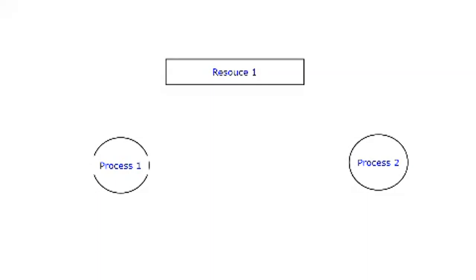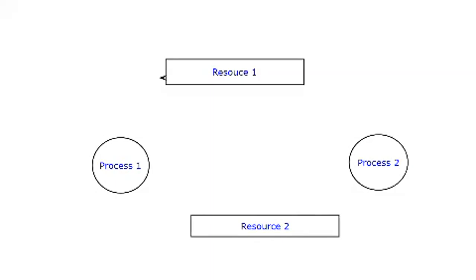There are two processes, process 2 and process 1. Again, we can draw resource 2. There are two resources and two processes. This is a simplified version just to give you the knowledge.